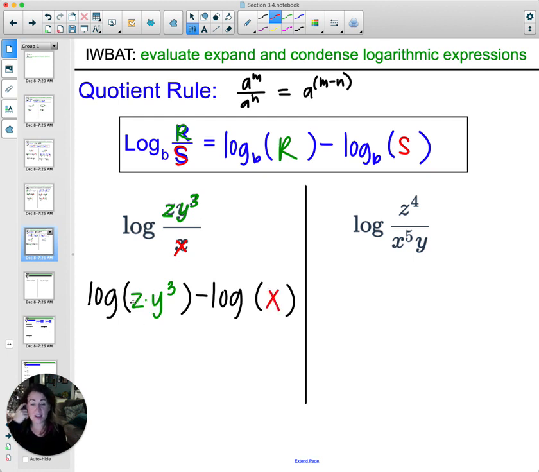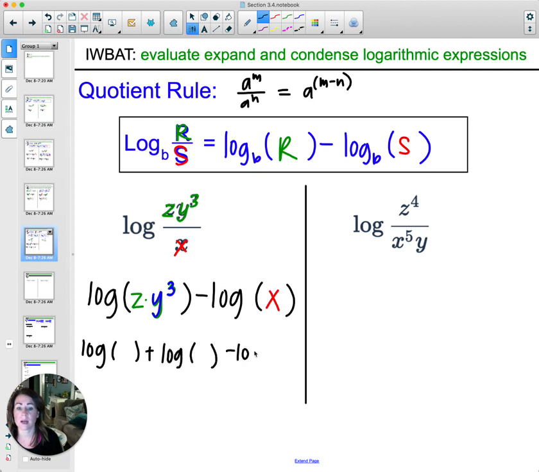Now this first log is using all of the other things that we've done, the product rule and the power rule. This one's actually going to have a product inside of here, so we're going to expand that even further. Remember, if it's a product inside, we split it to be adding. And then you still have this minus log of x.